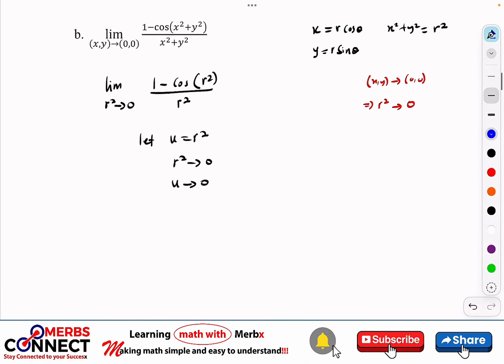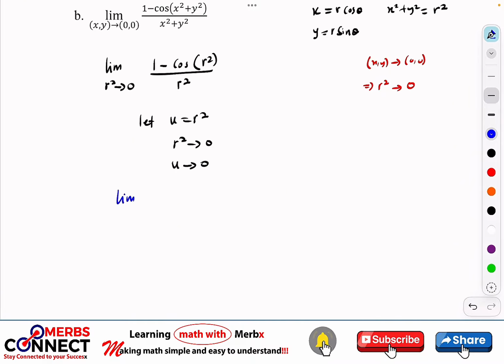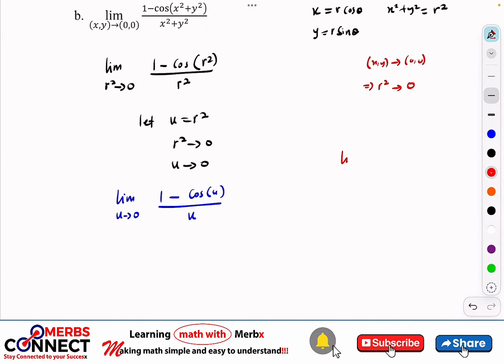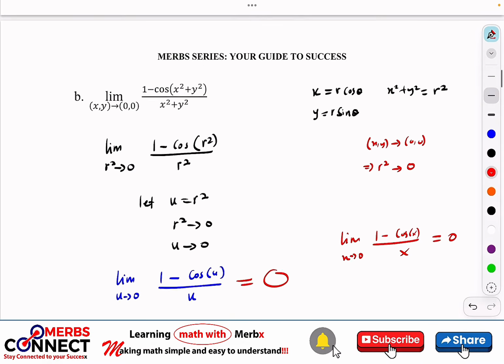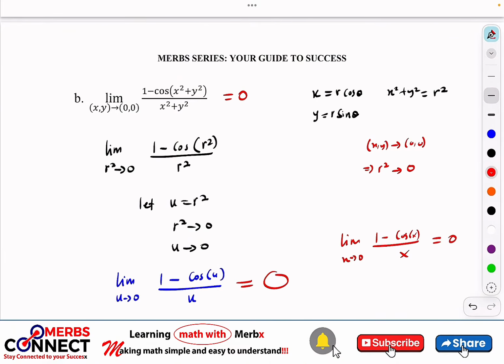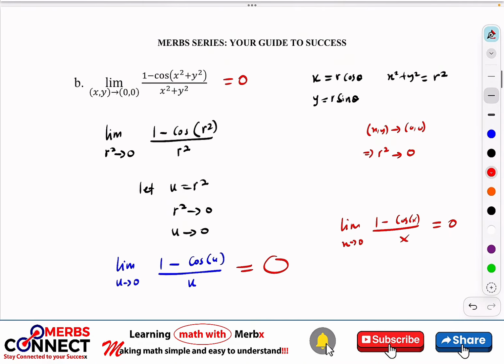Now we have the limit as u approaches 0 of 1 minus cos of u divided by u. Now we have a theorem which says that the limit as x approaches 0 of 1 minus cos of x divided by x is equal to 0. And indeed, this is also going to give us 0 here. So trig functions, trig identities, are very, very important here. We need to remember them.